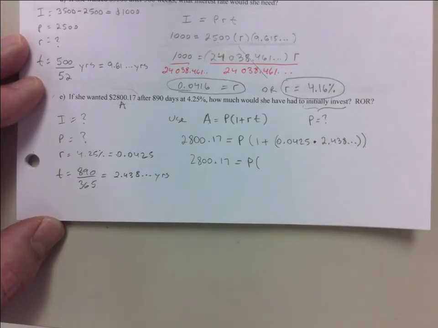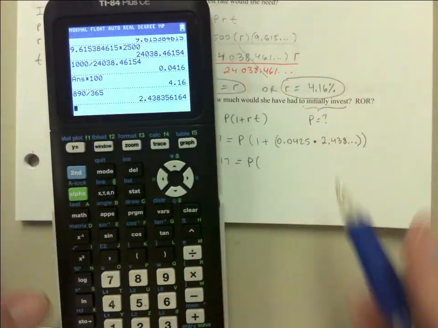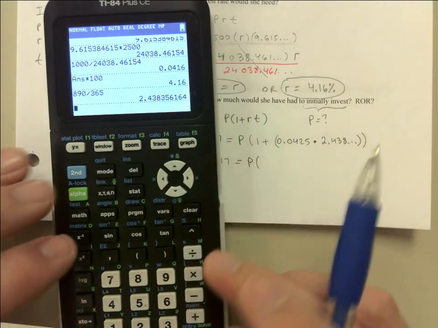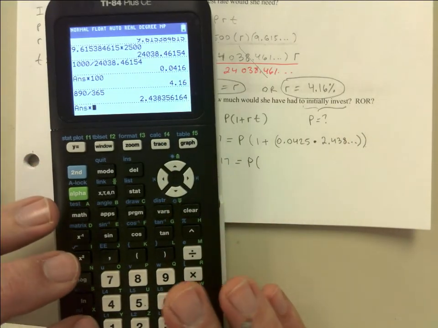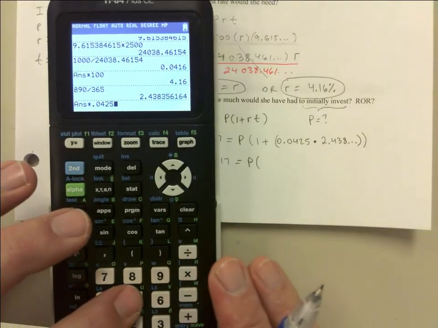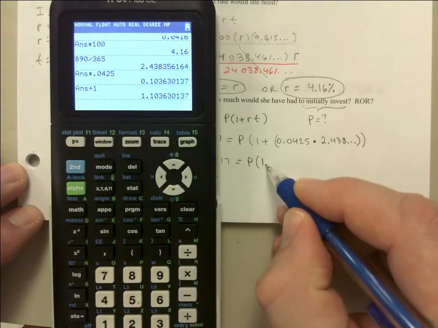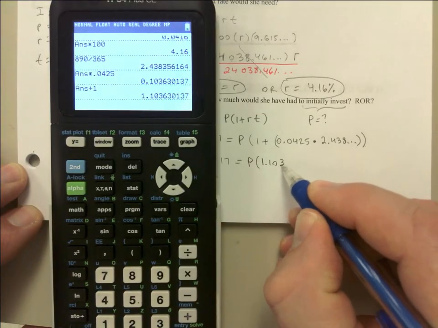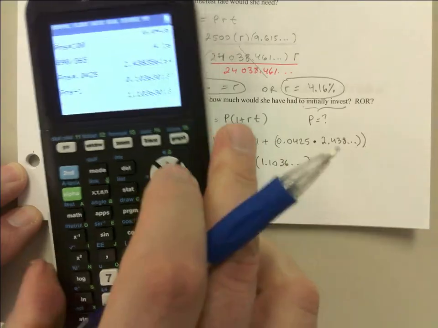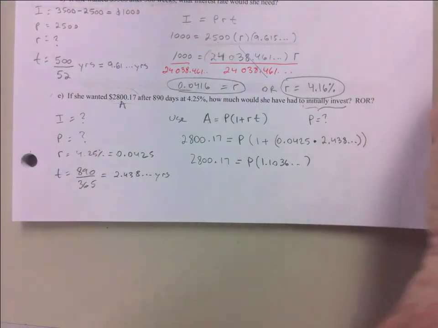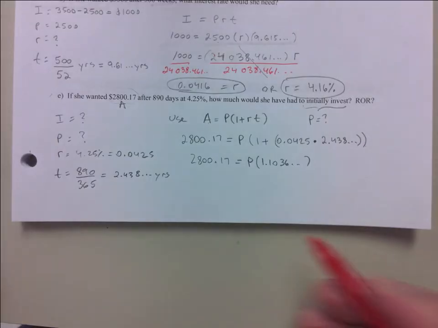I can clean that up. So 2.438 times 0.0425 plus 1. So it's 1.1036 something. So it's basically a bunch of algebra here.